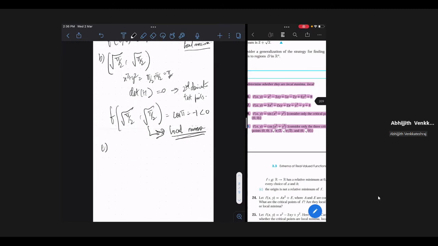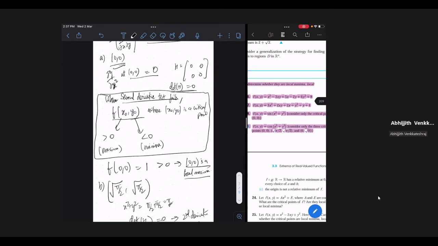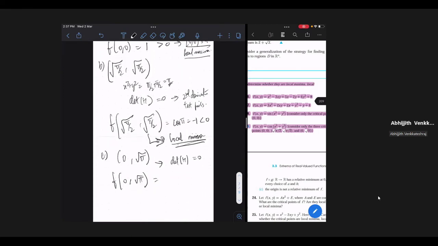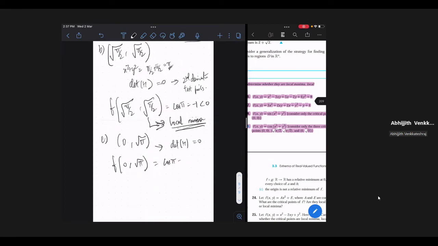Same way, if you do it for the point 0 comma root of pi, you'll again find my determinant of the Hessian becomes 0, and you'll end up finding f of 0 comma root pi, which is cos of again pi, which is minus 1, less than 0. So this point is also a local minimum.